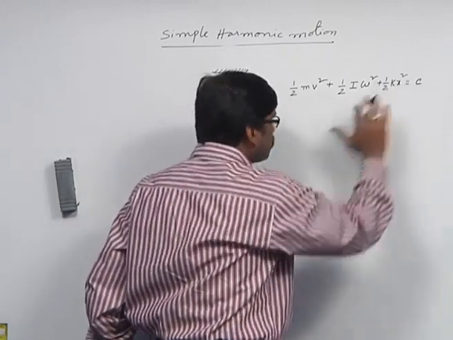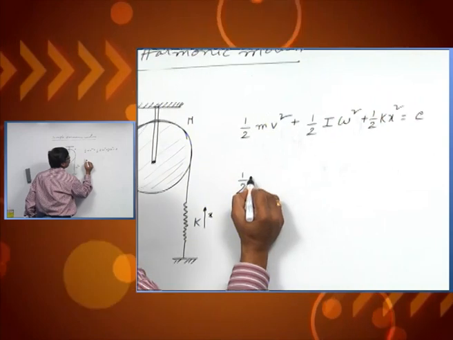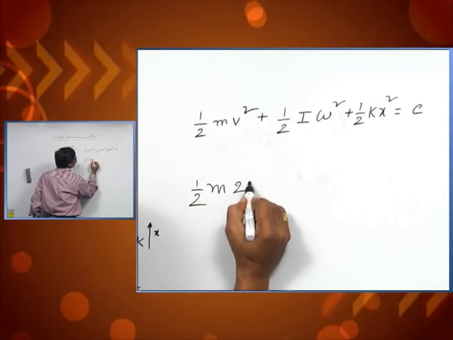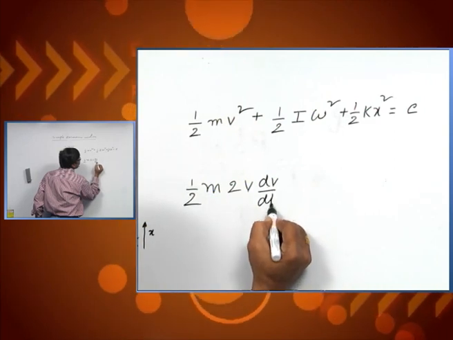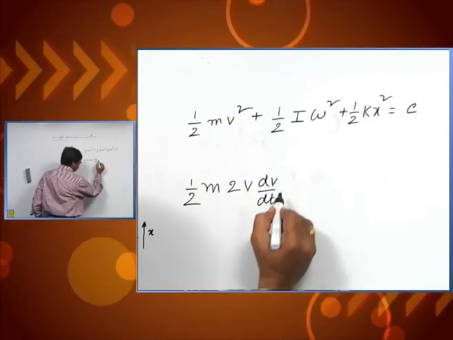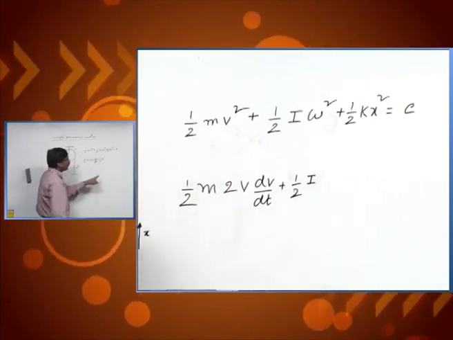Now, if I differentiate this, half m into 2v dv by dt, plus half I. What is I?